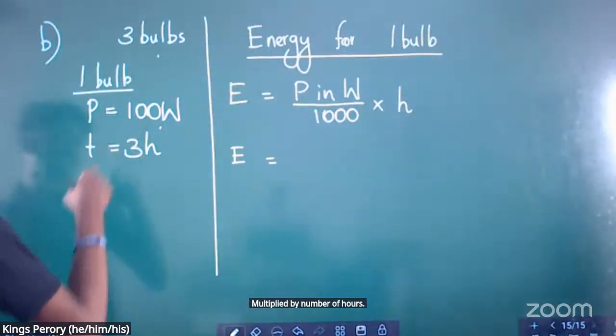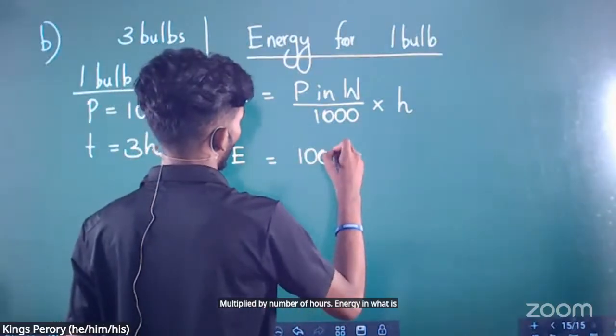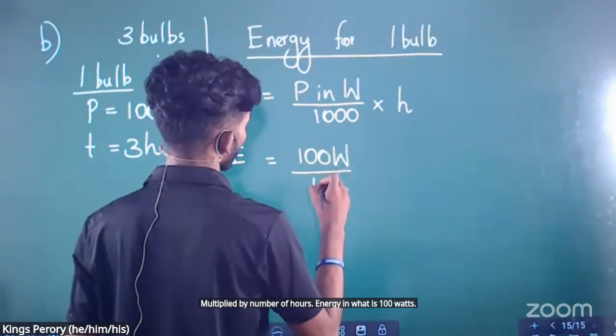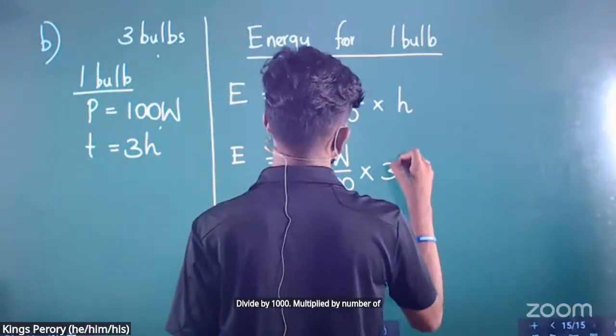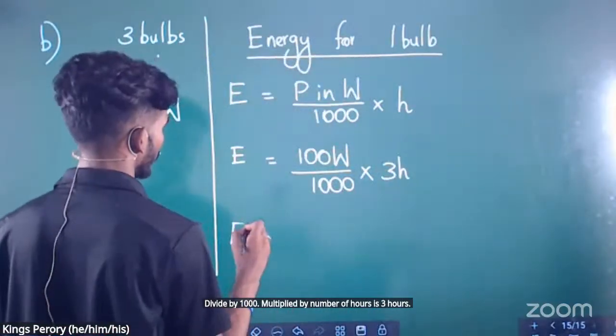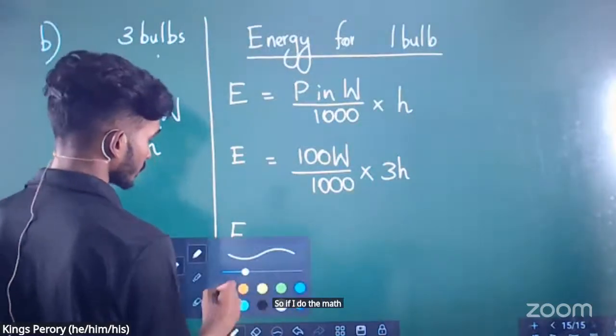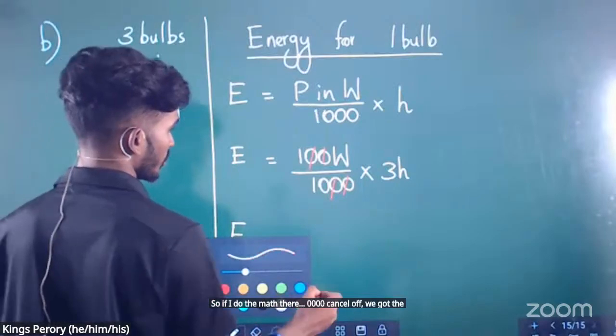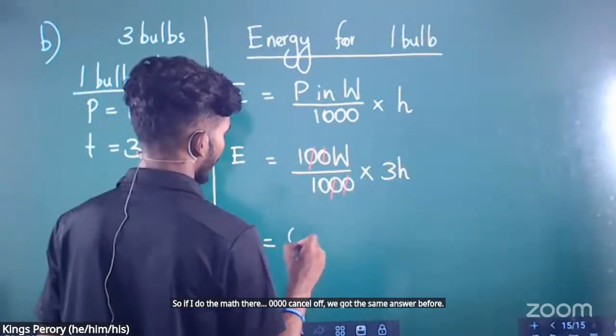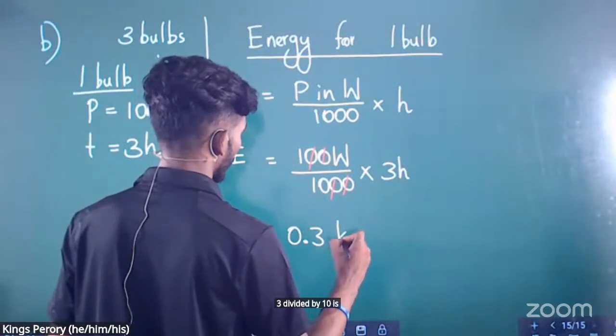That is 100 watt divided by 1000 multiplied by 3 hours. The zeros cancel off, and 3 divided by 10 is 0.3 kilowatt hour.